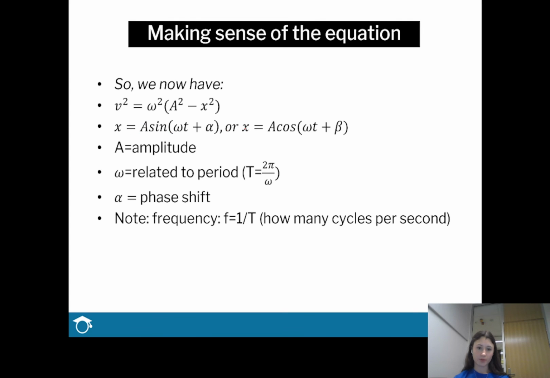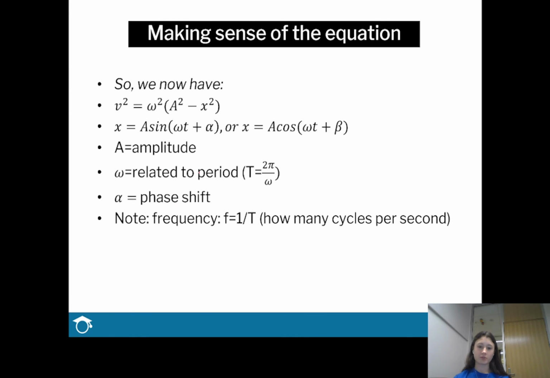Looking at these next formulas here, for x, this just follows the general form of sine and cos functions, where we have the dilation factor being the angular velocity, and then we have the phase shifts being alpha and beta.